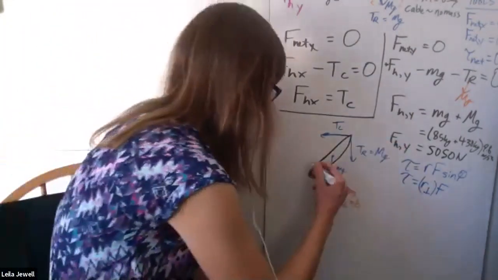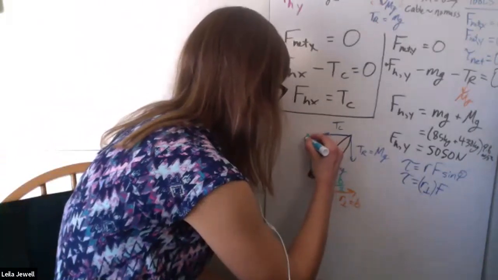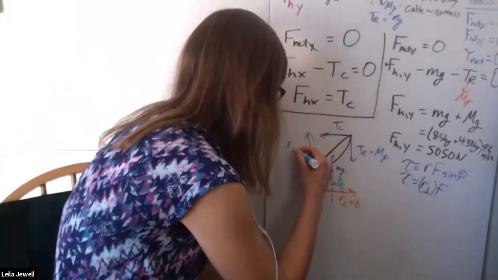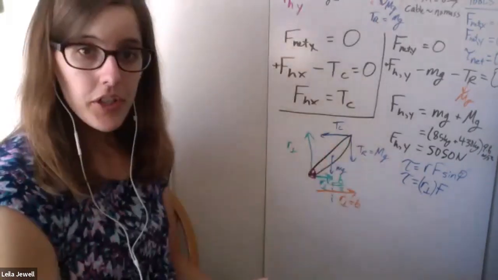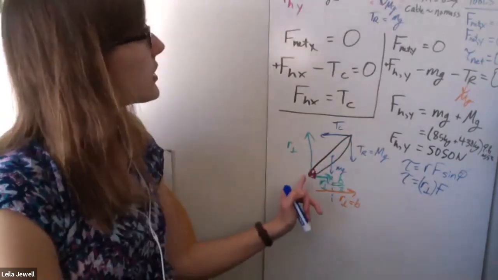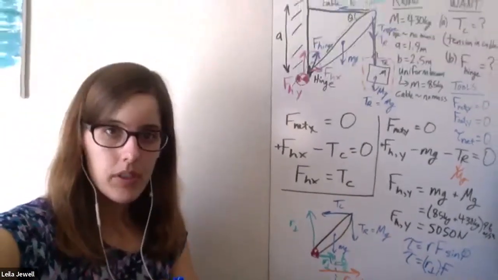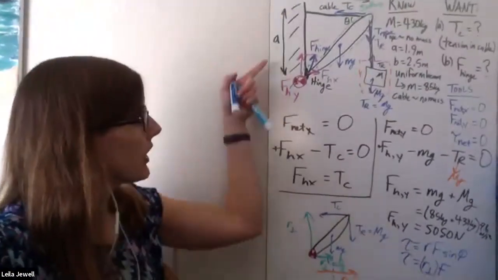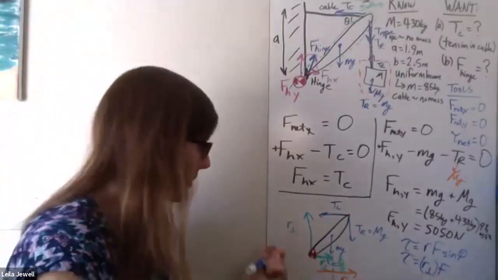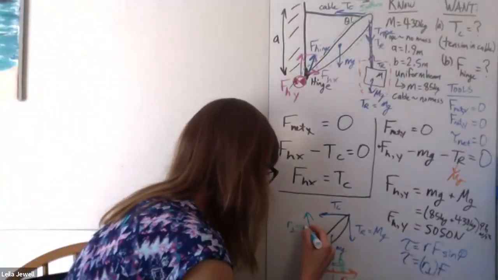So I'm going to draw it going straight up. And so this R perpendicular is going to match our dimension A. Tilt up for a moment. You see that the A is labeled for that vertical piece. And so this R perpendicular just matched that of A.